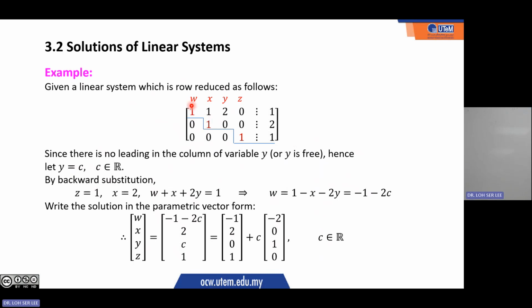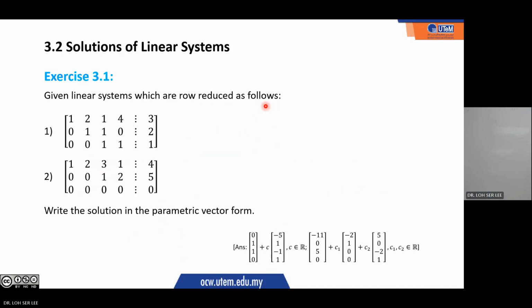Because from here we already know this will give infinitely many solutions: there are 4 variables, but there are only 3 pivots. So infinitely many solutions. Any questions? Okay, we try this.